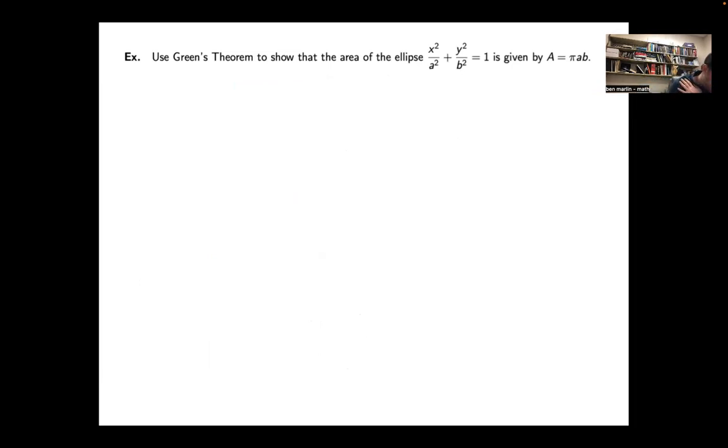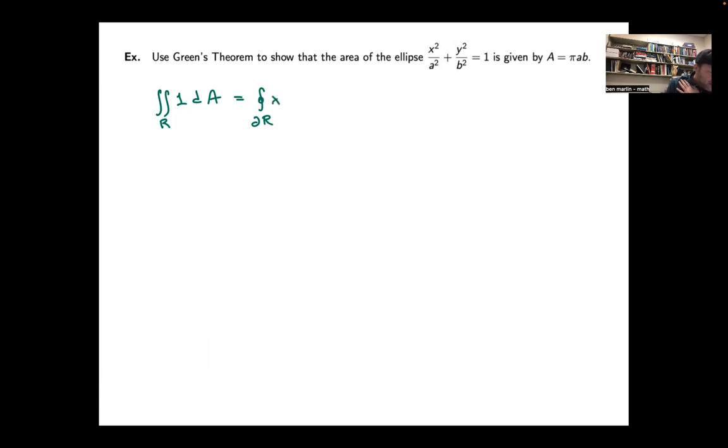Now, as you'll recall, to get an area of a region, you just need to integrate 1 dA. Well, if you need to integrate 1 times dA, then you just need to integrate around the boundary of the region in the counterclockwise direction, of course, something so that when you calculate those partials, you end up getting 1.